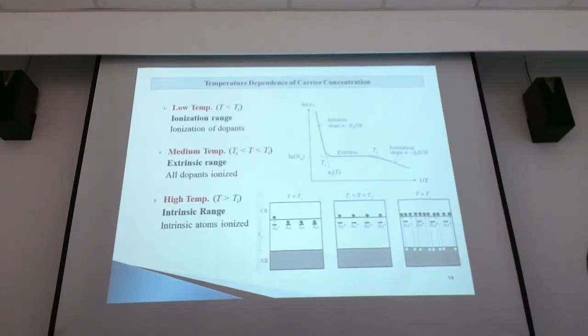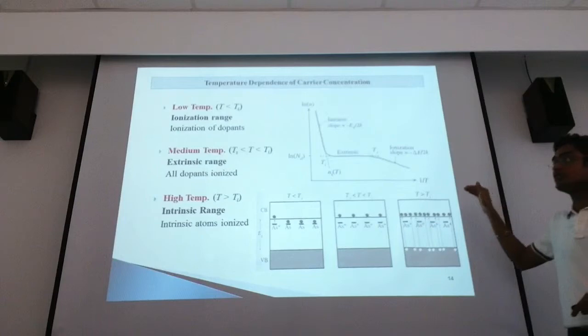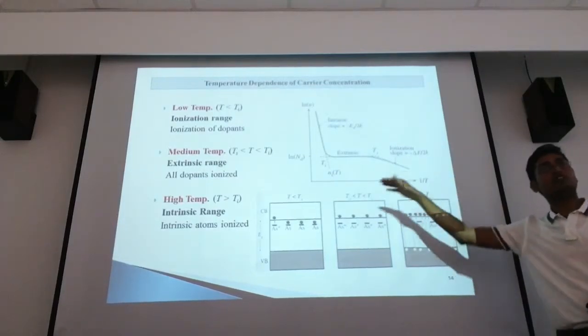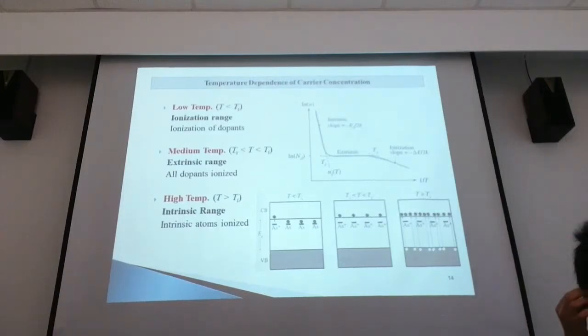As you can see, this is 1 by T, 1 by temperature. What happens if I increase the temperature? Which part of the curve am I talking about? The left hand side, right? That big slope is called the intrinsic region.